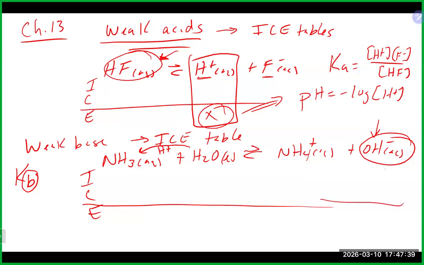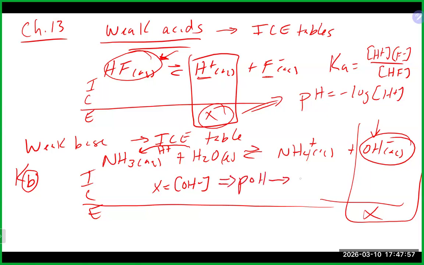Here, we're going to be looking for our X value. The difference, though, is our X value here will not equal the H plus concentration. As you can see from the table, it will equal the OH minus concentration, which means in these types of problems you typically have to shoot for the pOH first and then subtract from 14 to get yourself to the pH. So a little extra steps.